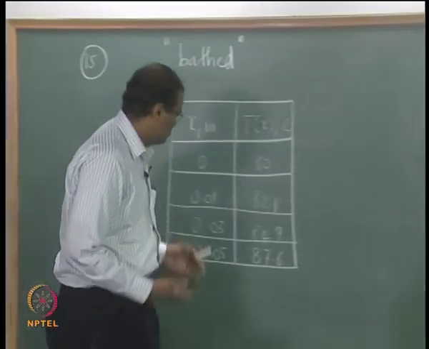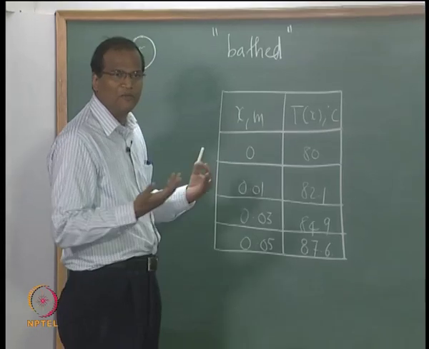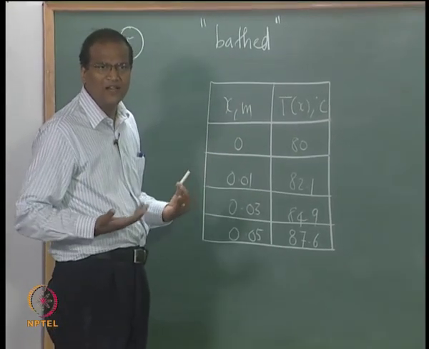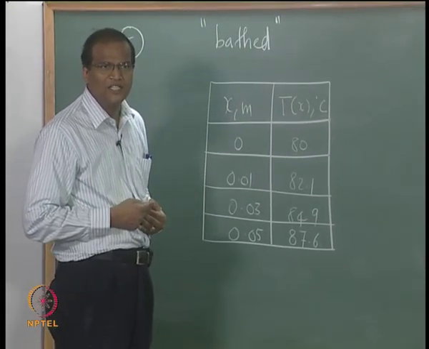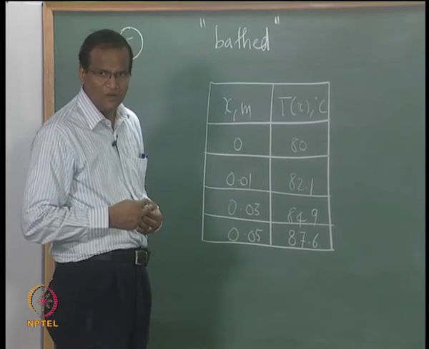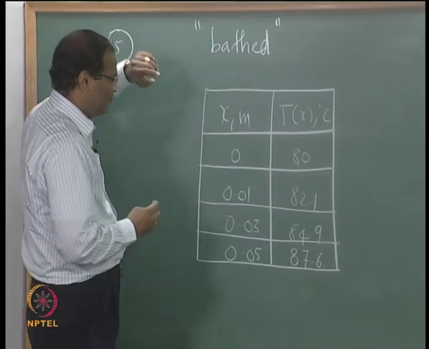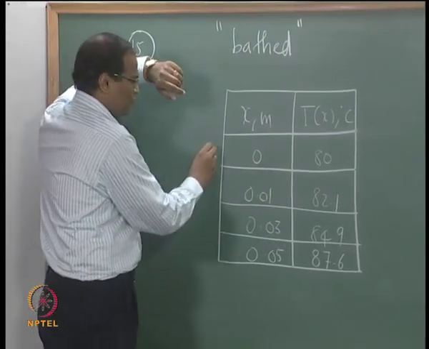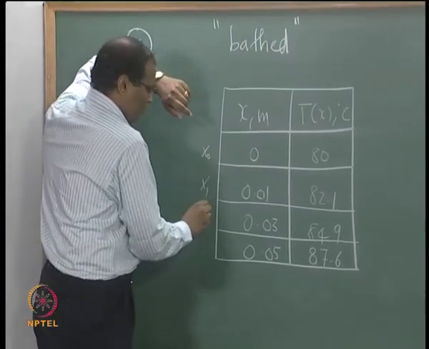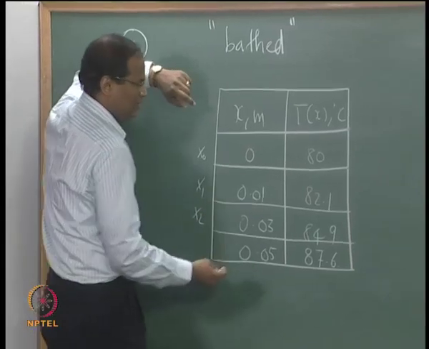But I gave you 4, so now we are having a problem. You have to choose 3, right, for the Lagrange. Which 3 did you decide? Last 3. Choose something which is closest to the wall, right. So no, I have no problem, you can choose the other one also, right.